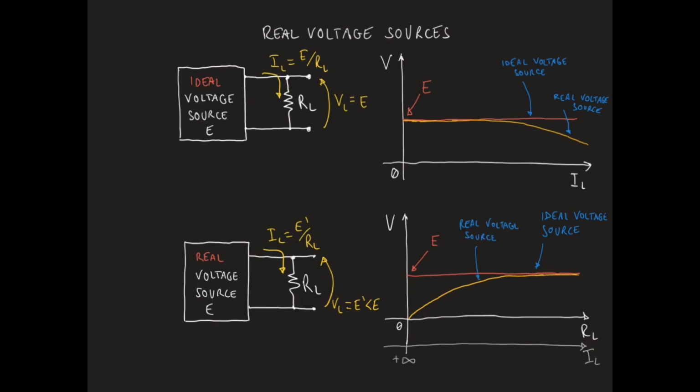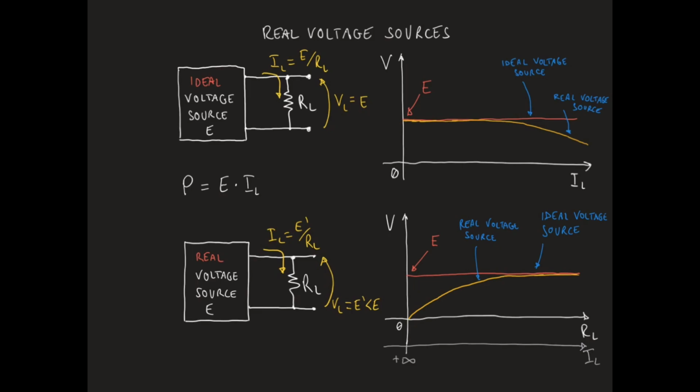The behavior we have just described for the real voltage source accounts for the fact that no real device is capable of providing infinite power. Recall that the power provided by a voltage source is given by the voltage forced by the voltage source times the current that the voltage source has to provide to the load.